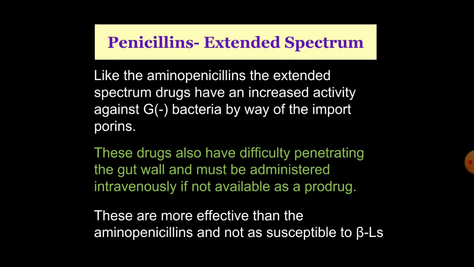These drugs also have difficulty in penetrating the gut wall, but can be administered intravenously, and it's not available in the prodrug form. They are susceptible to beta-lactamase, and that's the reason why one such drug, a ureidopenicillin, piperacillin, can be combined with another beta-lactamase inhibitor, tazobactam.